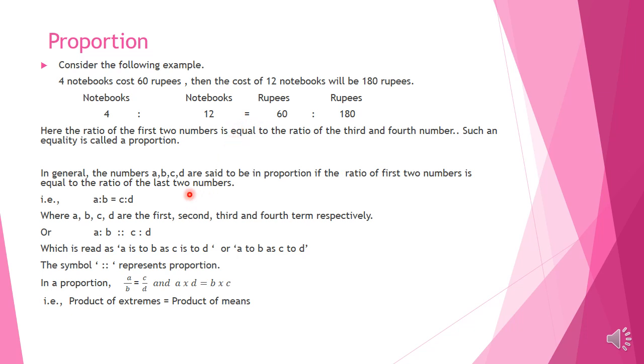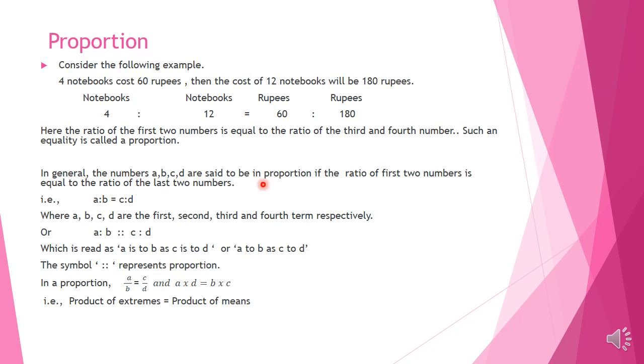So in general we can say, if we have 4 numbers A, B, C and D and they are in proportion, if the ratio of the first 2 numbers is equal to the ratio of the last 2 numbers. Okay children, if the ratio of the first 2 numbers is equal to the ratio of the last 2 numbers, then we can say they are in proportion.